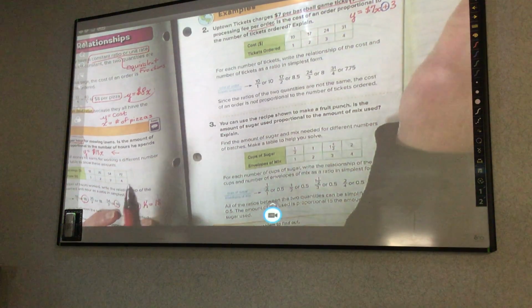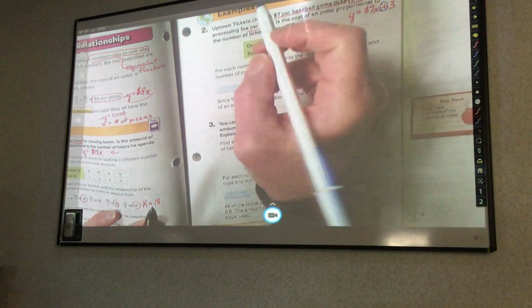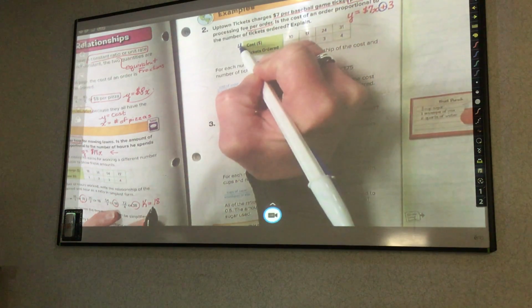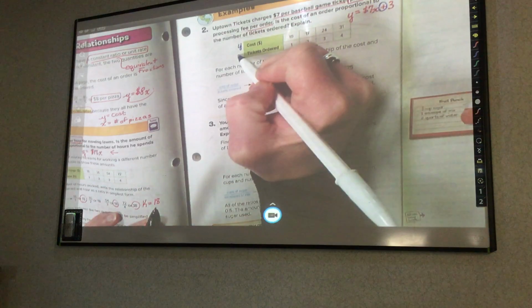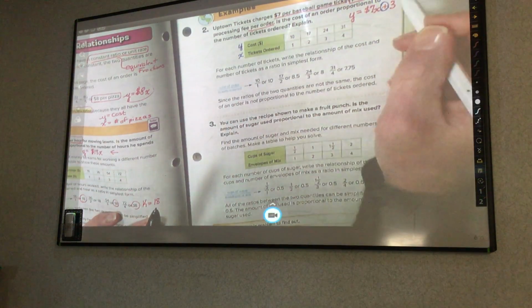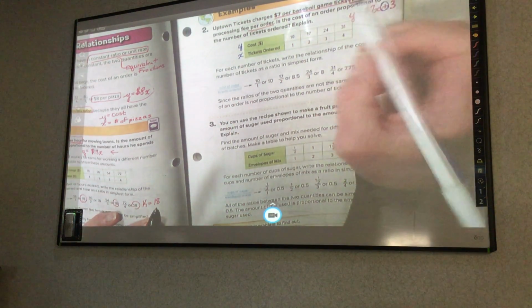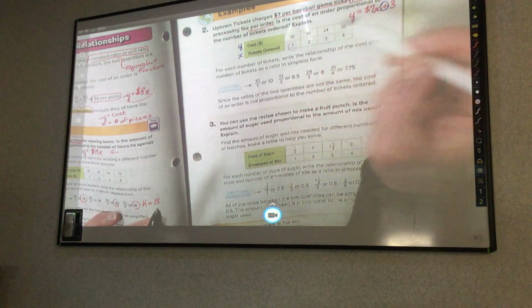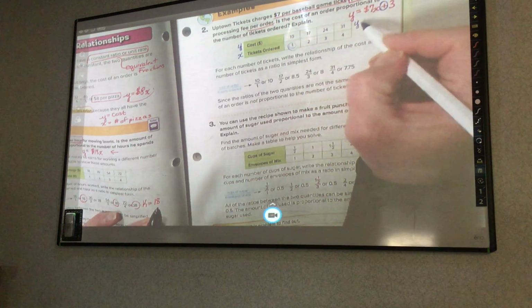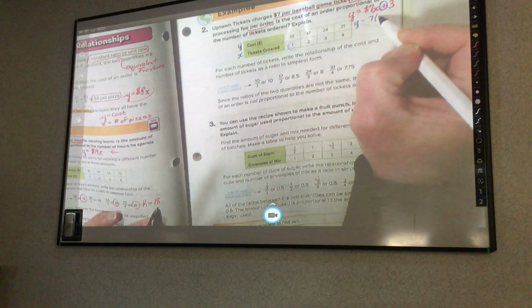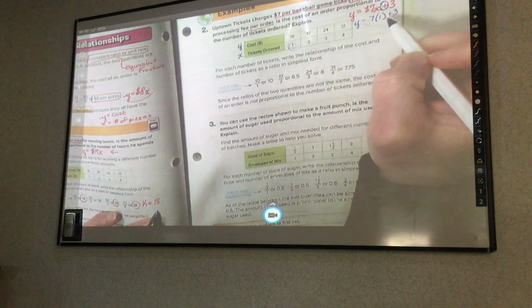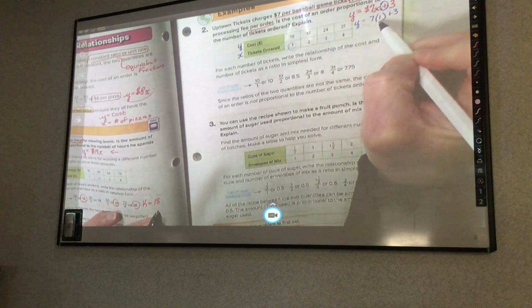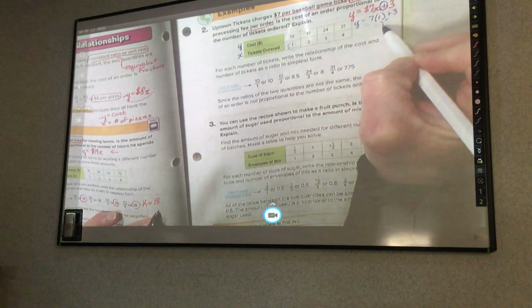But let's solve it. The cost is my y, because it's always cost per ticket. The tickets is my x. So, let's figure out the number of tickets. Let's just start with the x. Y should equal 7 times 1 ticket plus 3. 7 times 1 is 7, plus 3 makes 10.